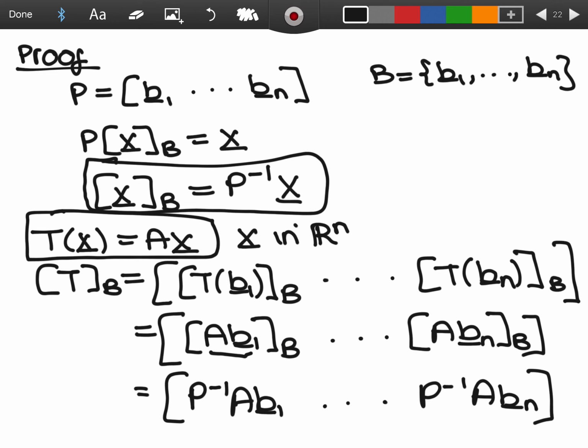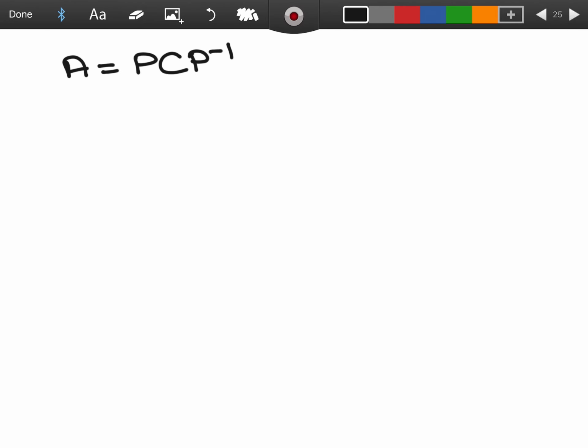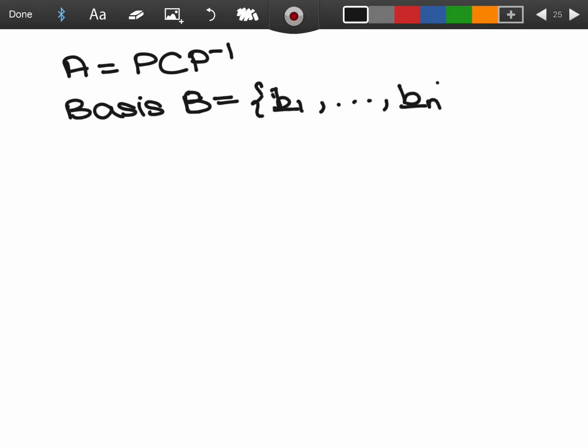If you don't necessarily need it to be the eigenvector basis, but just some basis for Rn, you can then get out some matrix C that is similar to A such that it's the B matrix for T. So coming back to here, if I set some basis B, and I'll call them b1 through bn again, to be a basis for Rn.